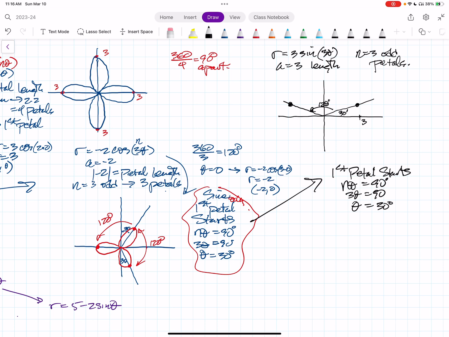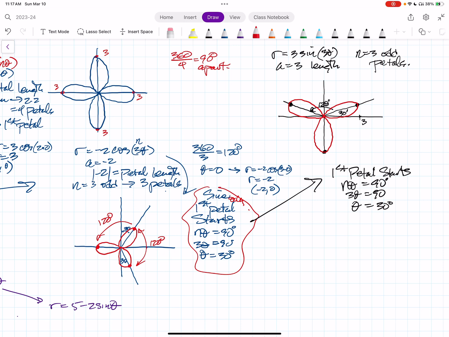And then I've got to go another 120 degrees, and it puts me down here, because 150 plus 120 is 270, and that's down at the bottom. Okay, and then you sketch. So here, and there we go.